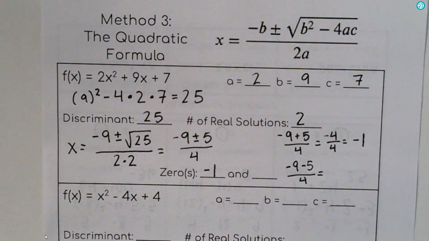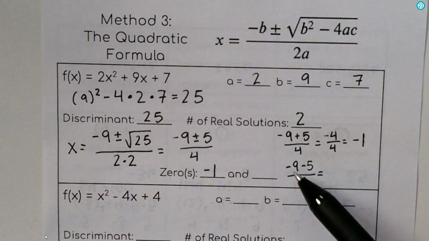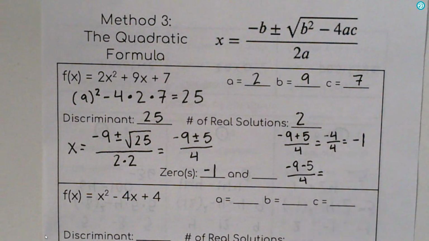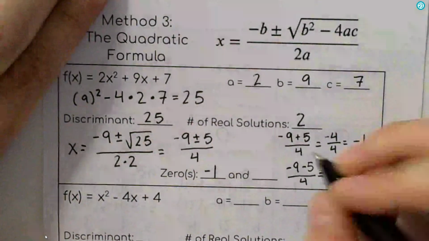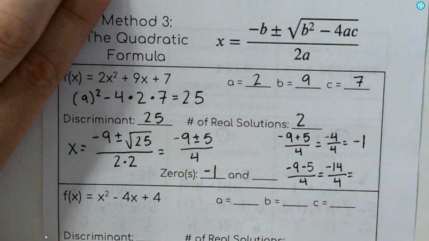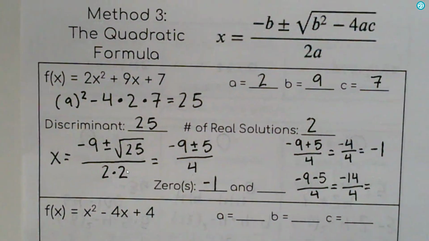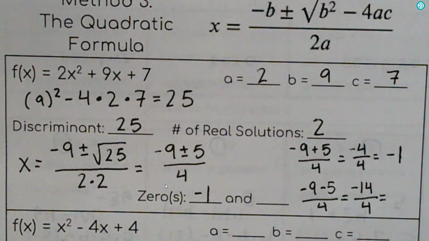Okay, then for this one, negative 9 minus 5. So negative 9 minus another 5 puts me at negative 14 over 4. I cannot divide 14 by 4, but I can divide them both by 2. So I can reduce that fraction.